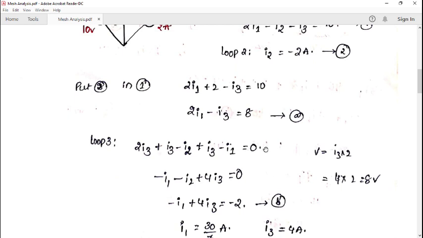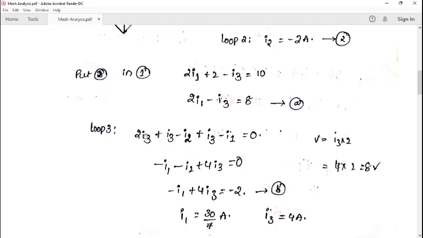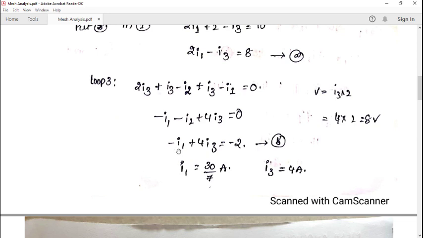Once again, we started from here, 2 I3 plus I3 minus I2 into 1, and I3 minus I1 into 1 equal to 0. That is what we have written here. When we simplify that, we'll get minus I1 plus 4I3 equal to minus 2. This is equation B. From A and B equations, I1 equal to 30 by 7 ampere.